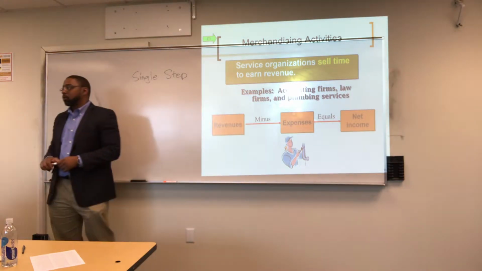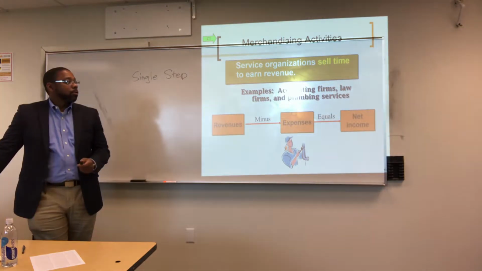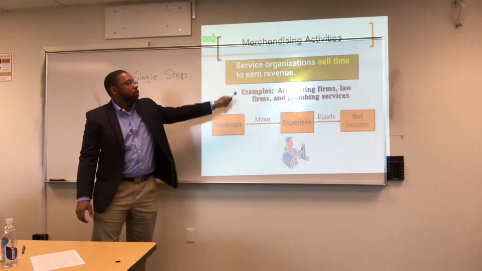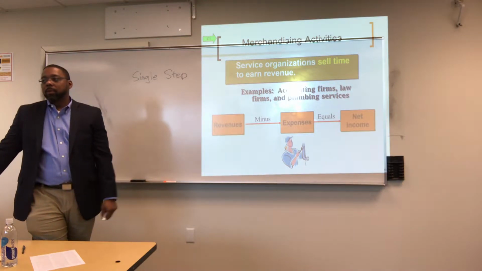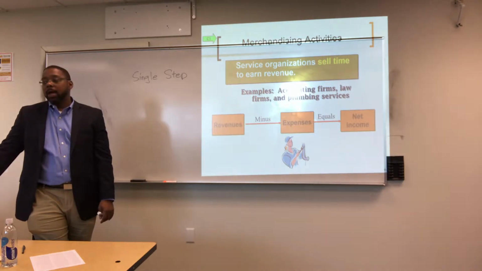Revenues minus expenses gives you net income. Now we're going to change this, because this income statement is good for the service industry: plumbers, law firms, accounting firms, those types of organizations. But now we want to deal with merchandisers and manufacturers.